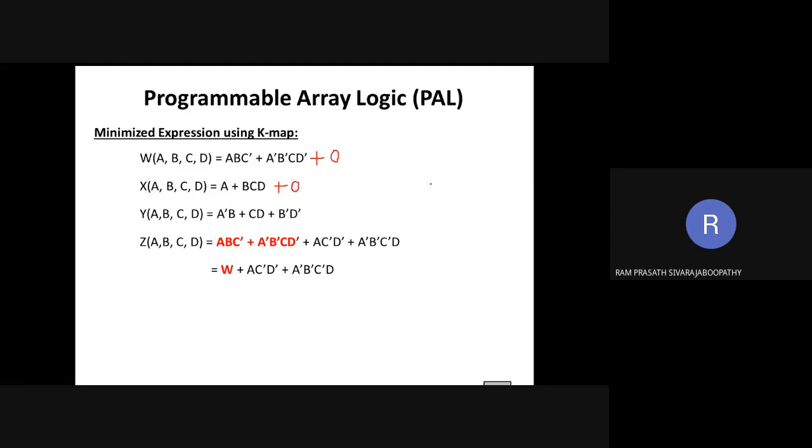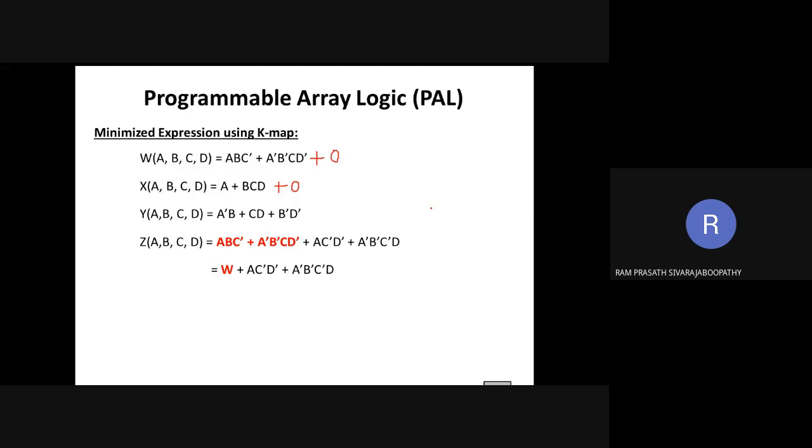So now, tell me, what is the number of terms present in all the functions now? Now how many terms do I have in every function? 0 means what? A bar dot B bar dot C bar dot D bar, the variables, all of their complements. If you AND all of them, what do you get? You get 0 only. Correct?